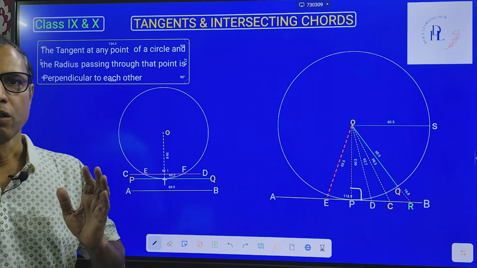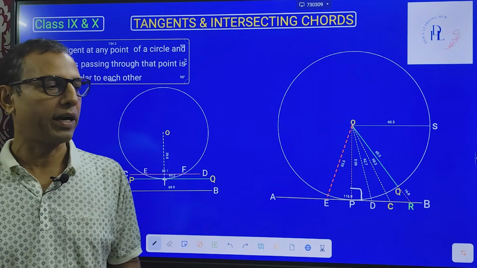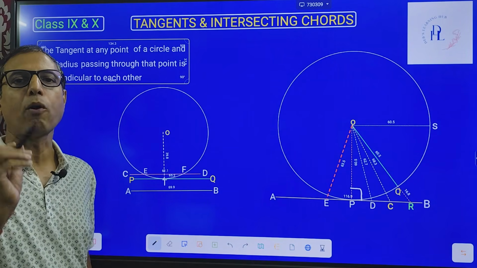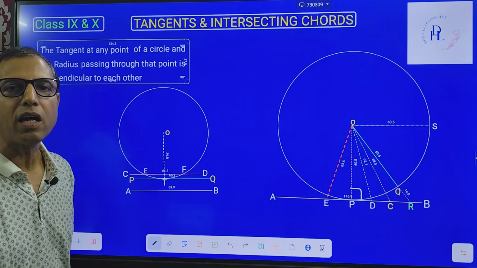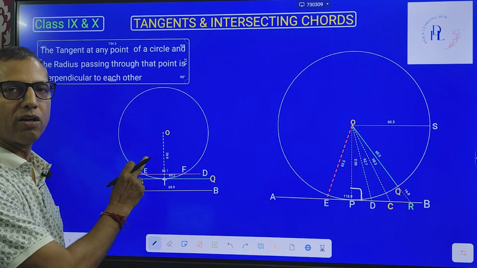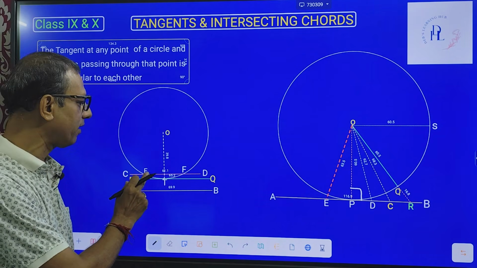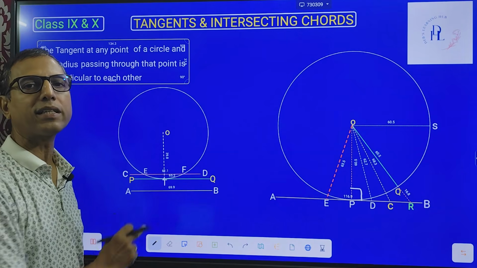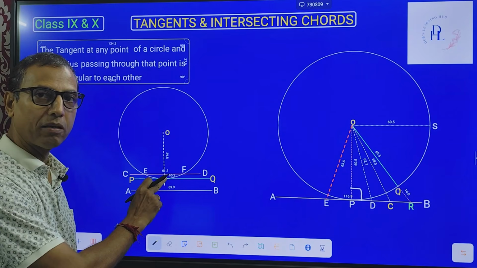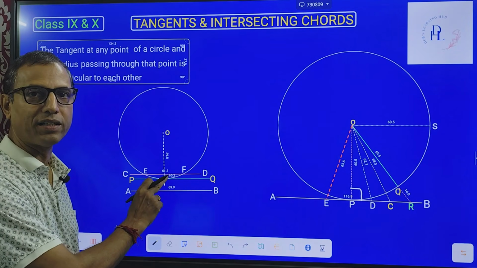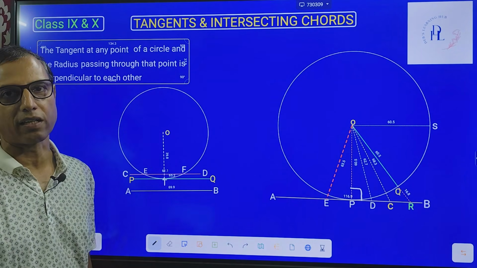Okay? So the first point: why does a tangent touch at only one point? When the tangent moves further towards the center of the circle, it will intersect the circle at 2 points. So that is the limiting point, that is the boundary. Tangent is the boundary of the circle.